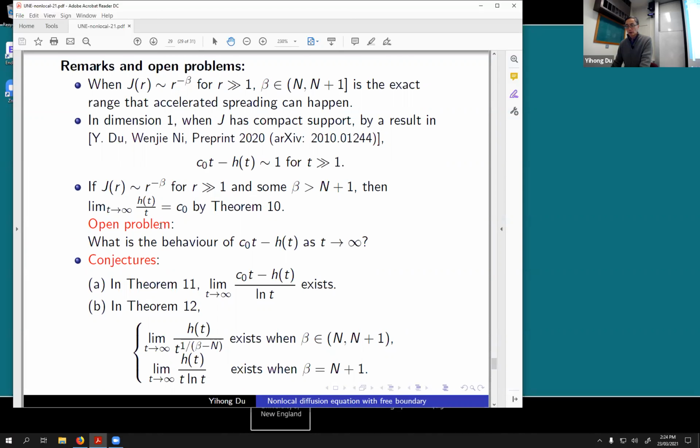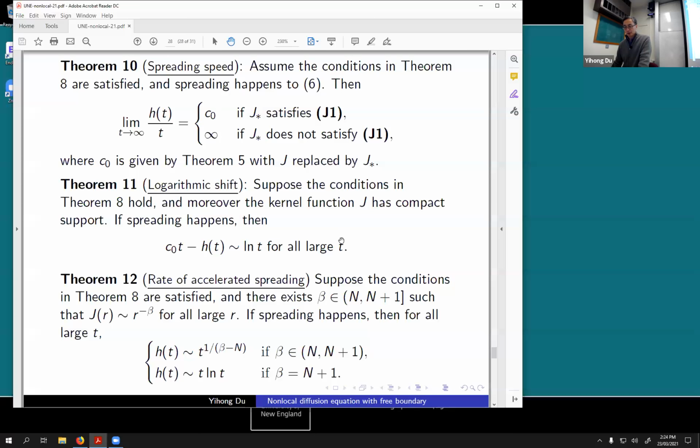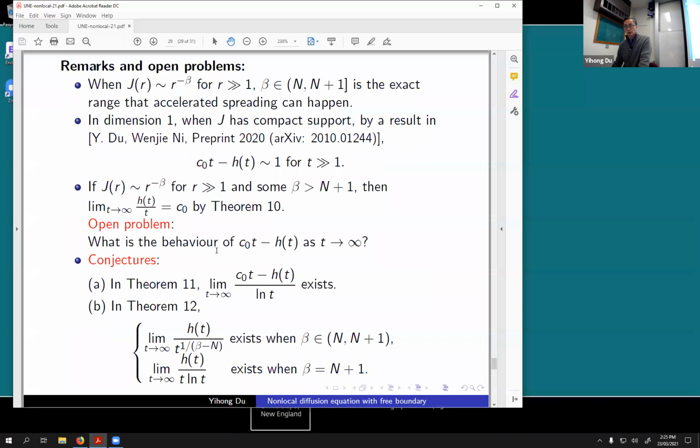Now, we mention here some problems we cannot answer. If J behaves like that but beta is greater than this, so it's not in this range, then J1 is satisfied and we have a finite speed. What happens then? Our method cannot cover that case, so we don't know.